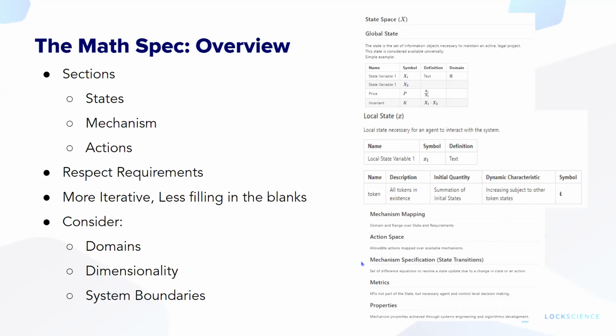What I want to point out here is where we try to draw the line about the concept of mass spec: it's to really have a good identification of all the states, the metrics, the mechanism mapping and the action space before we delve into actually designing a set of algorithms in the mechanism specification.